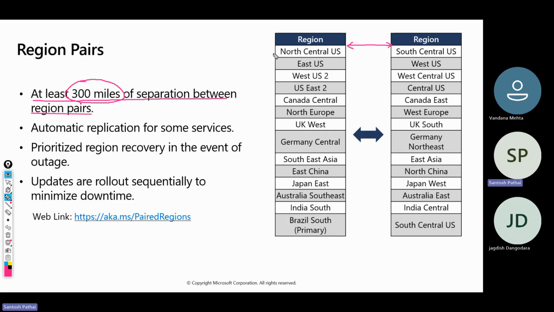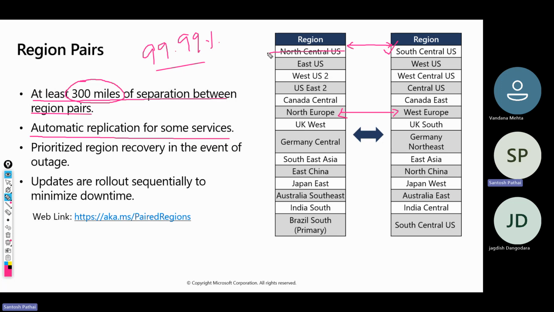So if by chance that region goes down also, your services will be available through another region. Now, why does Microsoft give an assurance of 99.99% availability? Your services, or some of your services, are automatically replicated to the paired region.